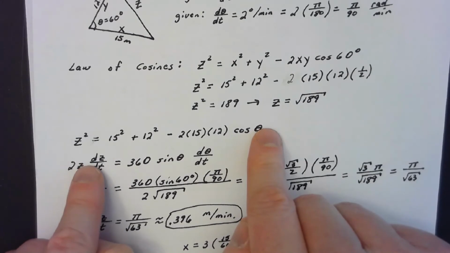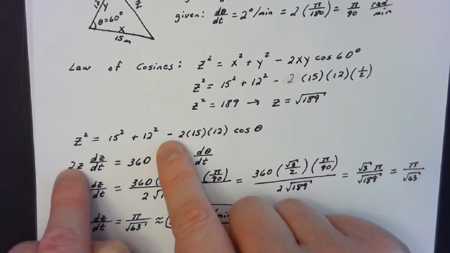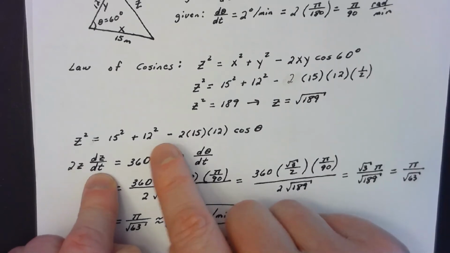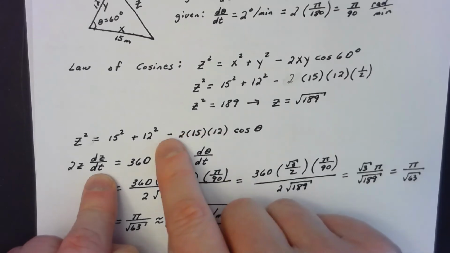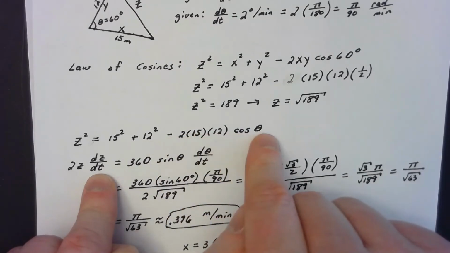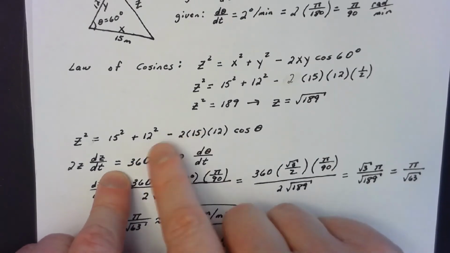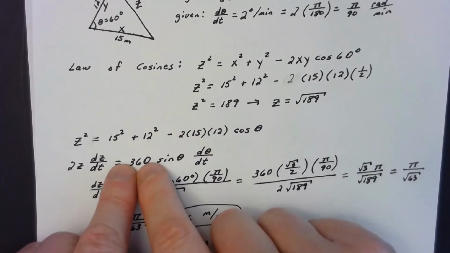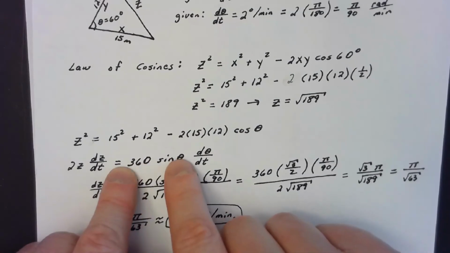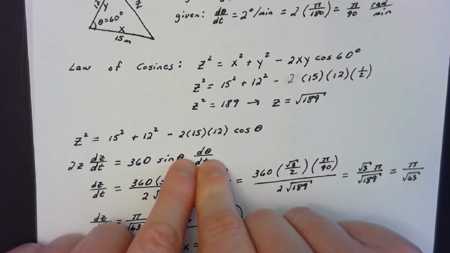So then what I went ahead and did is I took the derivative. I said, well, derivative of z squared is going to be 2z dz dt. On the right-hand side, I just looked at this real quickly and I said, well, this is going to be negative 360 cosine theta. I know derivative of these constants, 0. Derivative of negative 360 cosine theta, well, derivative of cosine is negative sine, which changed the sign on this 360 to a positive 360 sine of theta, times the derivative of the angle, d theta dt.